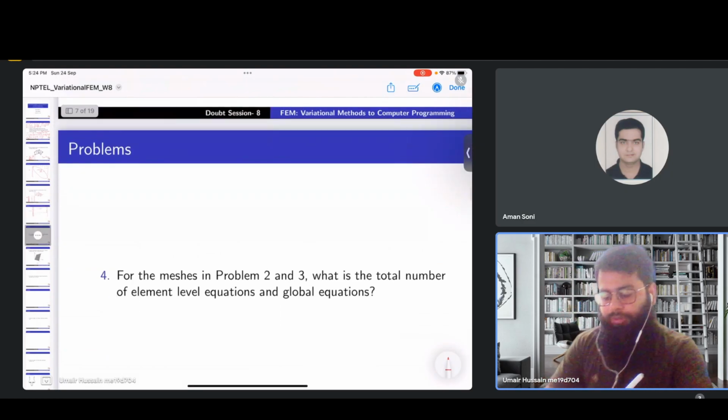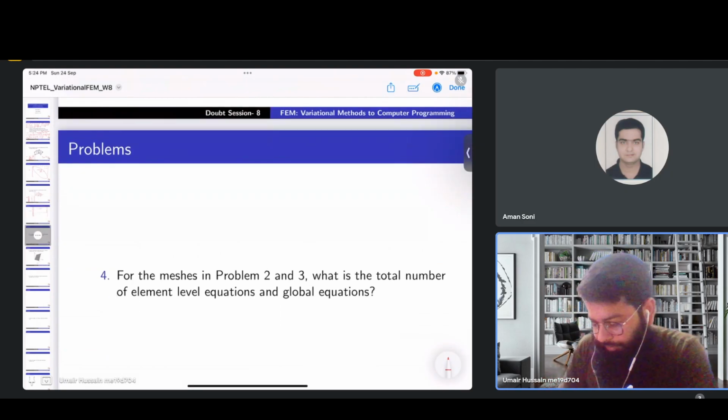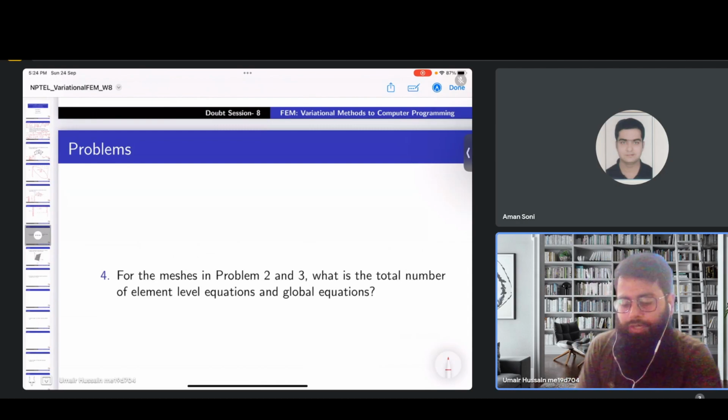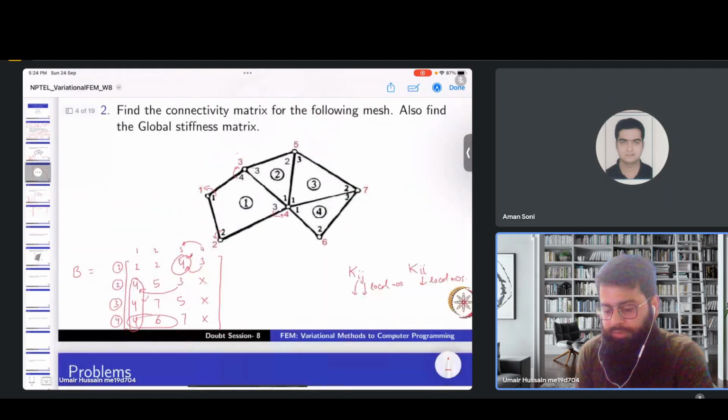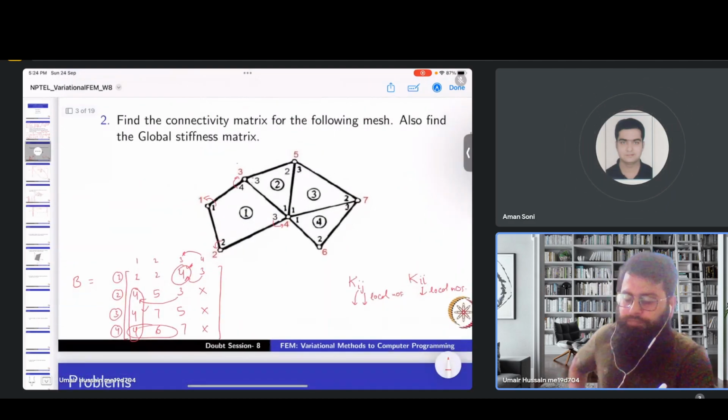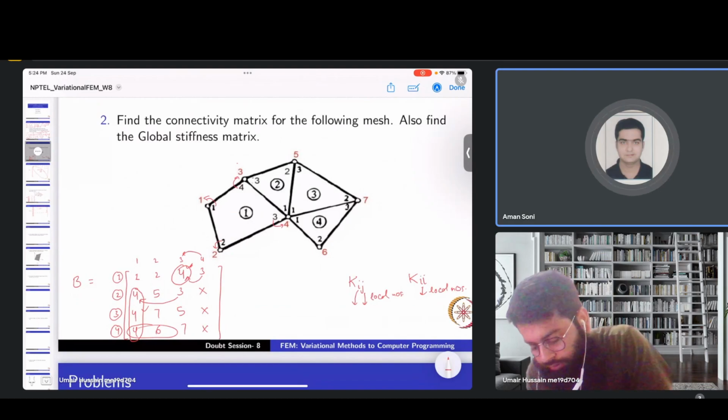One more thing that I remembered from this: for these meshes, can we say what is the total number of element level equations and the total number of global equations? We have started the first mesh. Total number of elements.